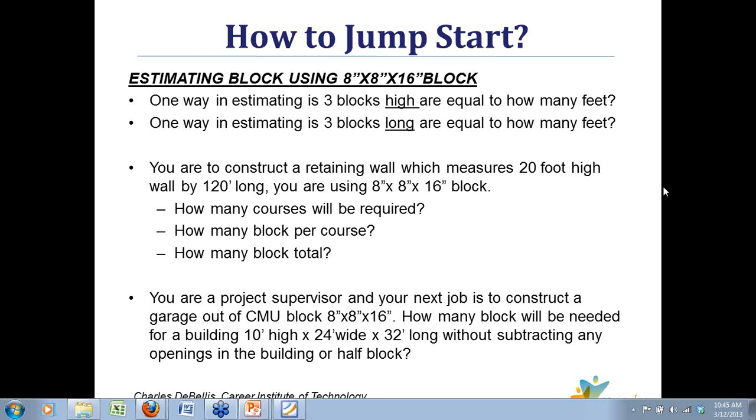Yeah, the actual block is only going to be 7 5/8 by 7 5/8 by 15 5/8, because your 3/8 is your mortar joint. Right. But you could even do conversions to everything to square inches, finding the area. There's a number of ways you can build off of this, but this is just one that I had come up with.